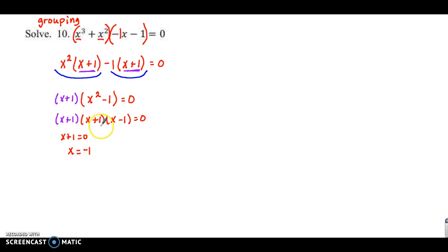If I did x plus 1 again, notice I'm just going to get the same number, and I don't have to write it twice. Once is enough. And then when I take x minus 1, set it equal to 0, I'm going to get x is equal to positive 1. So both of those answers are good answers for my x to the third plus x squared minus x minus 1.